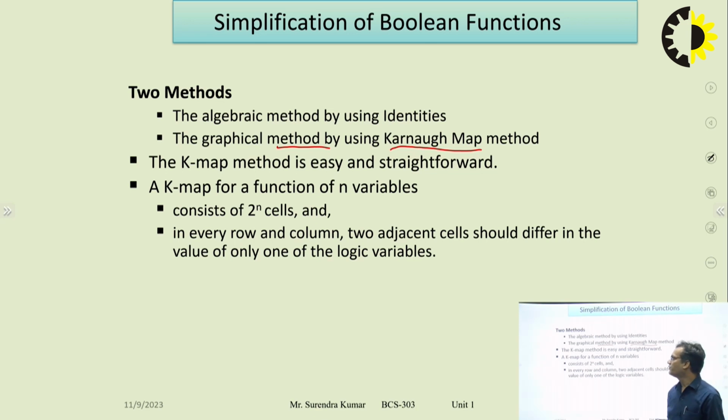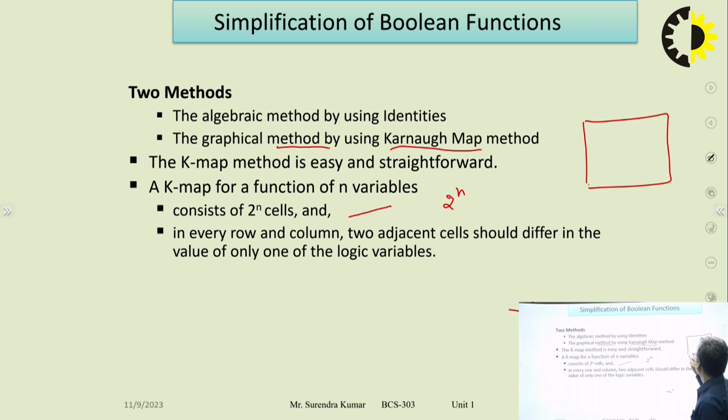A K-map for a function of n variables will consist of exactly 2 raised to the power n cells. So this map works with cells. You will create cells like this: for one variable, 2 raised to power 1, 2 cells.